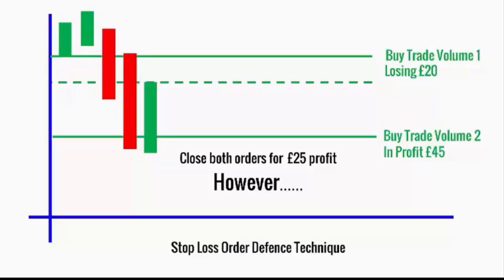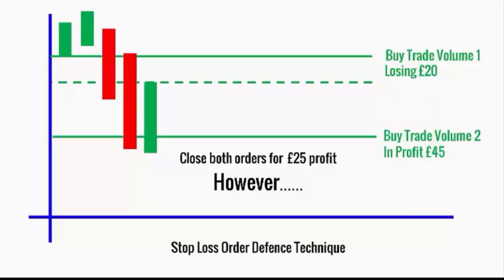So there comes a point between these two buy orders where it's possible to close both of them and take an overall profit. The original buy trade would still be in loss, but the second buy trade would be in profit, and the level of profit would be high enough to cover both situations.